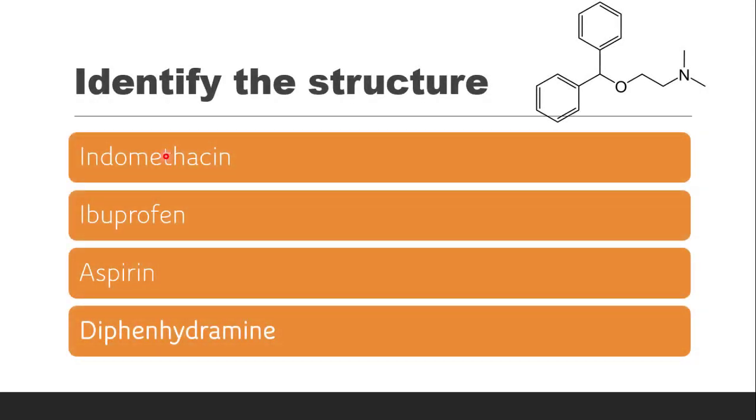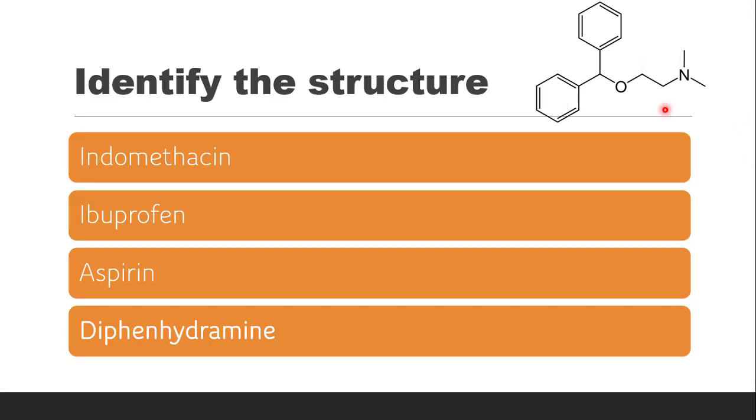Next, to identify the given structure. Now it is really very simple. It is a first generation antihistamine. If you see the structure, it contains 2 phenyl rings, and the name which contains 2 phenyl rings is diphenhydramine.